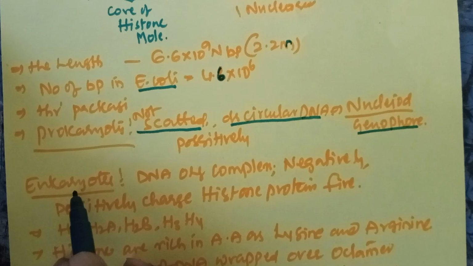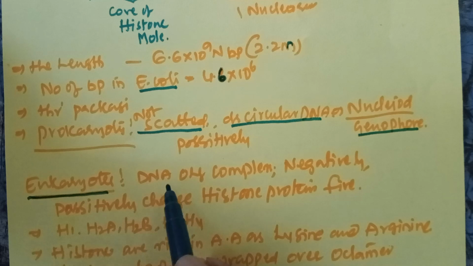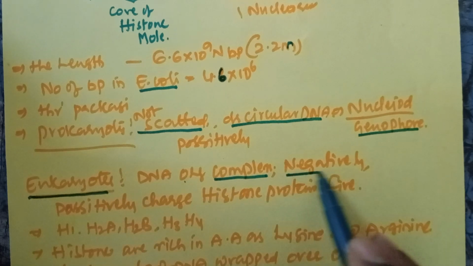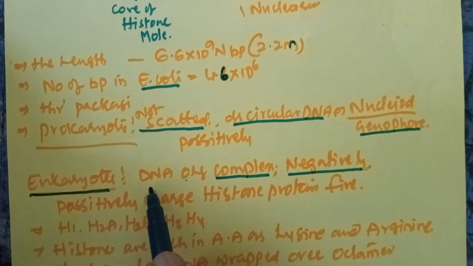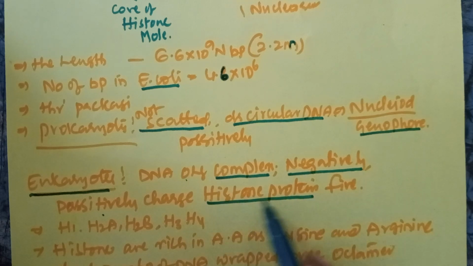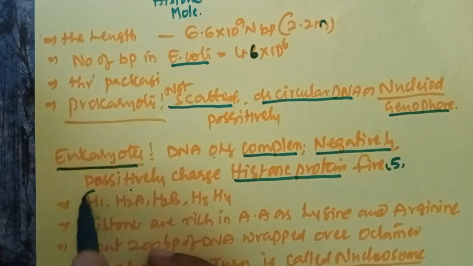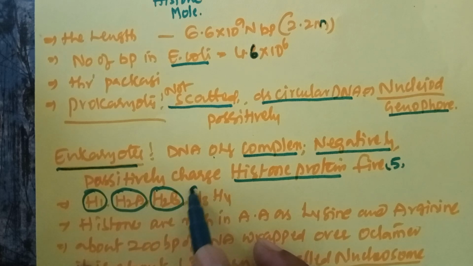When we come to the eukaryotic DNA, the organization is very complex, and this DNA is negatively charged. So the DNA is surrounded by positively charged histone proteins. These histone proteins are 5 types: H1, H2A, H2B, H3 and H4.